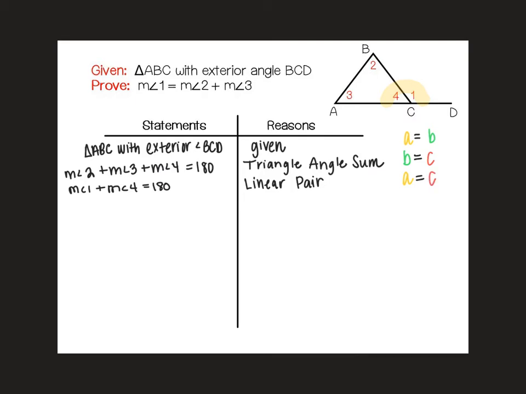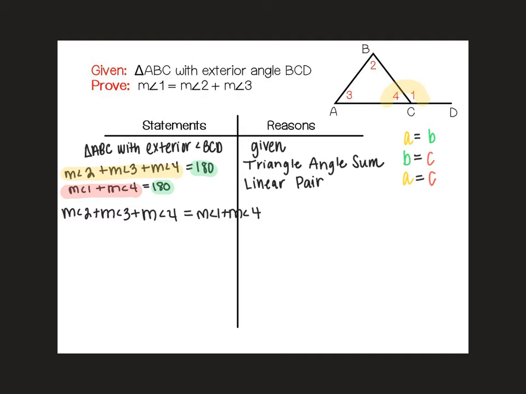If I apply that to these statements I've written out, here's A, here's B, here's C, and so my very last statement should be A equals C, so it would look like this. The measure of angle 2 plus the measure of angle 3 plus the measure of angle 4 equals the measure of angle 1 plus the measure of angle 4.